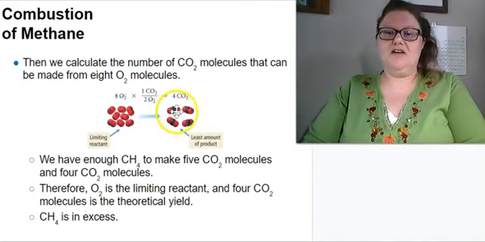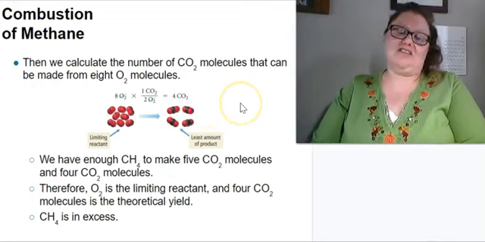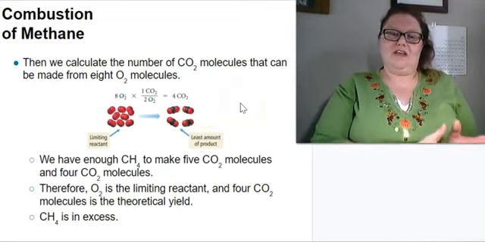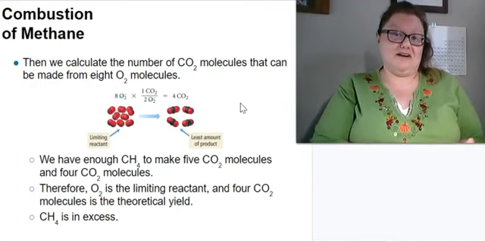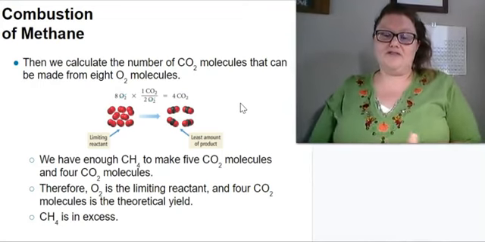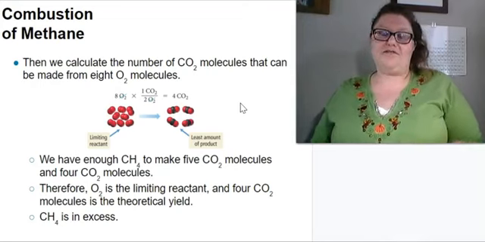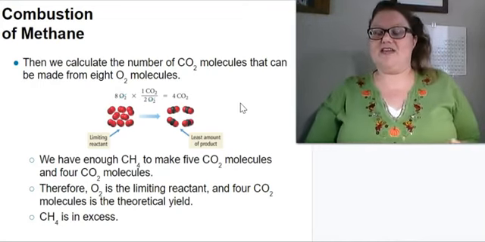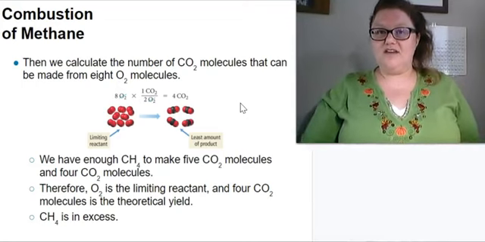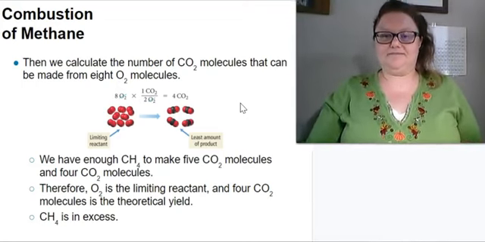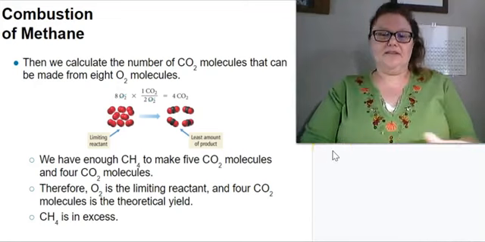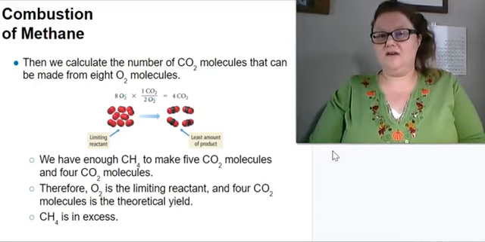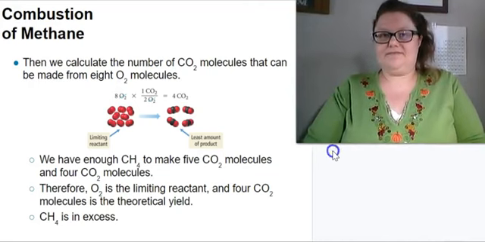And from here, we see that only 4 carbon dioxide molecules can be made. With the methane, we were able to make 5 carbon dioxide. So the lesser of 2 amounts is the 4 we see with the oxygen. So that tells us the 8 oxygen molecules is our limiting reactant. The methane, having 5 molecules of methane, would be our excess reagent.